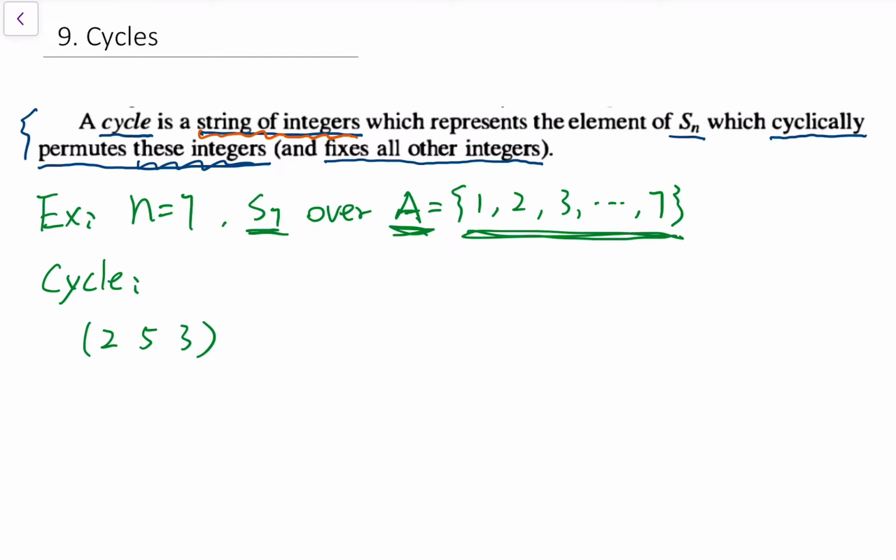And then this string is closed with a round bracket. As we saw in the definition, this is a permutation in S7, and we can call it sigma 1.